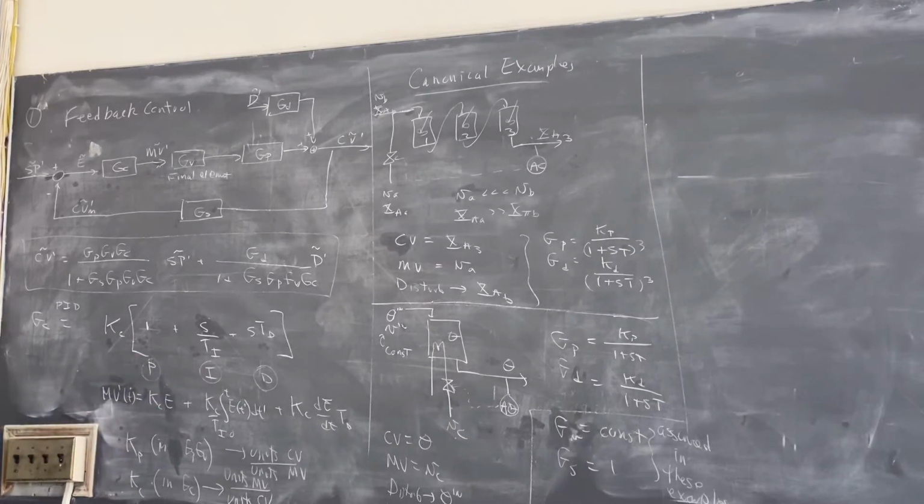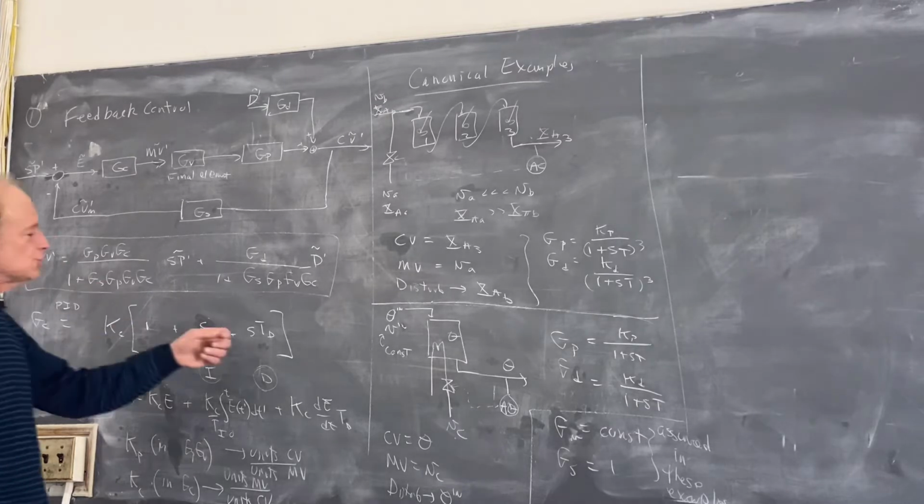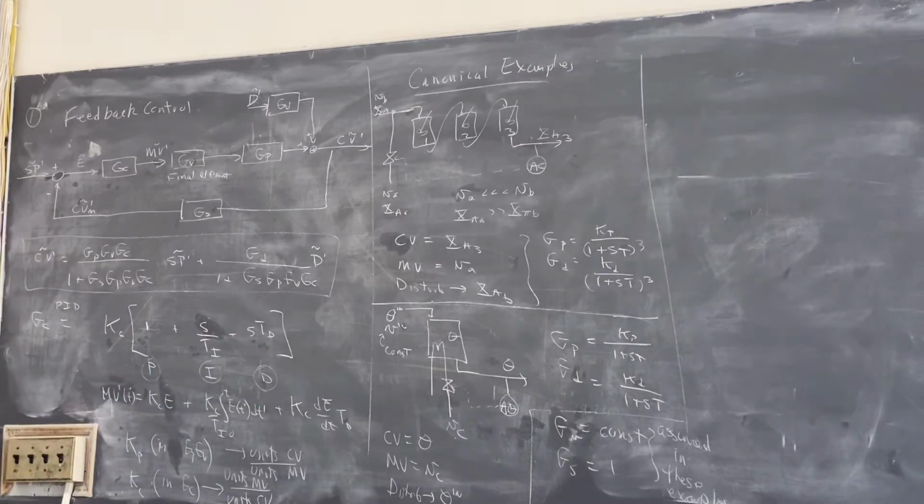The integral gets rid of the offset. That's the really good thing. The bad thing is, again, if it's too aggressive, it can make things unstable. But even if you don't, it takes a long time. It's sluggish. The differential anticipates. The good thing is it doesn't wait for the error to get big.